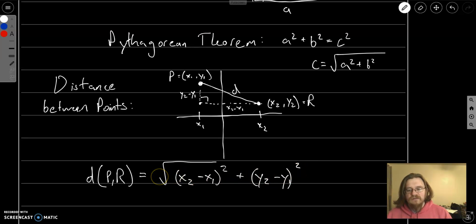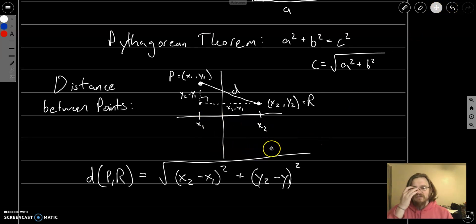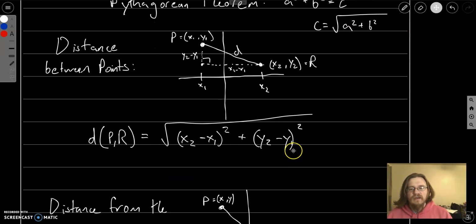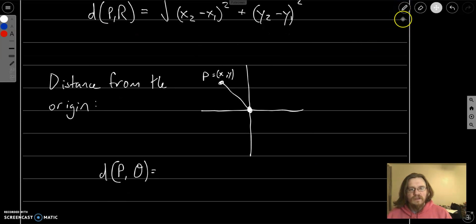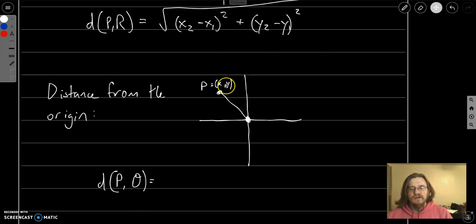We add them together and take the square root, just like up here. So the distance between 2 points can be given by this formula, where the 2 points are (x1, y1) and (x2, y2).